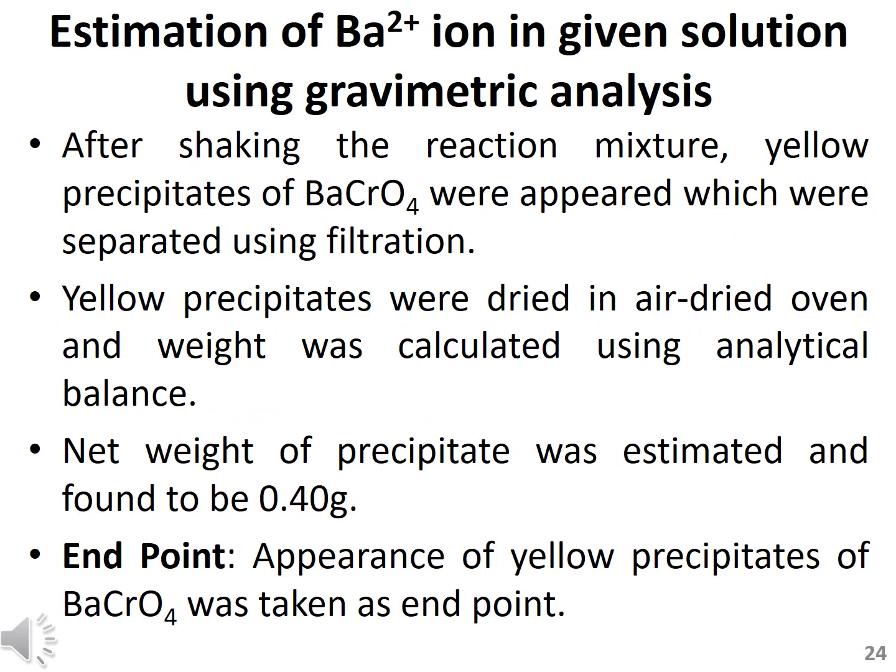When we add the potassium chromate to the barium chloride solution, we continuously shake the reaction mixture, and after a few seconds, almost immediately, yellow precipitates of barium chromate appear. We keep adding potassium chromate in excess in order to convert all the available barium ion into barium chromate.